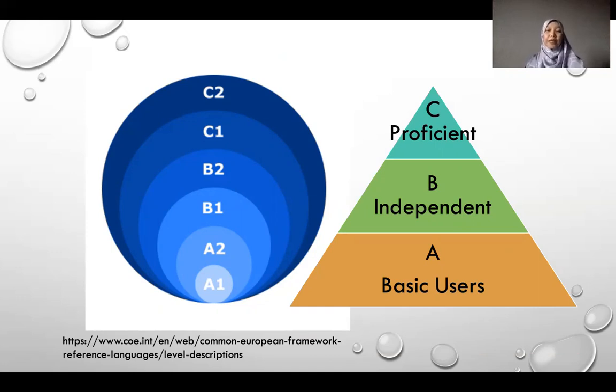And then to be independent, so students in the university, we are expecting them to be independent users of the English language. And C is proficient, therefore TESOL students who are graduating, who will be English teachers, we are expecting them to be at the C level, that is proficient users.